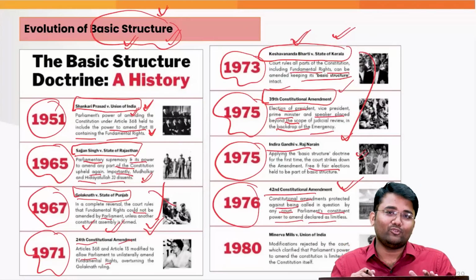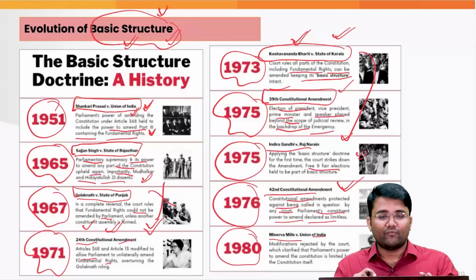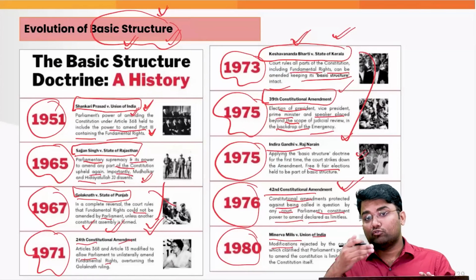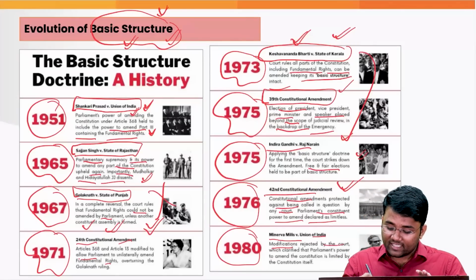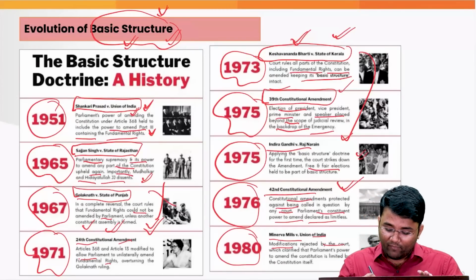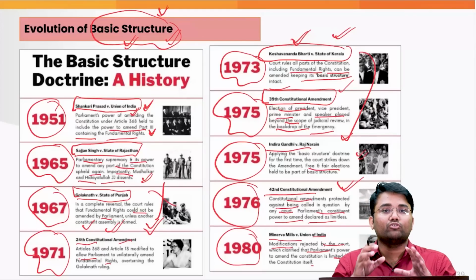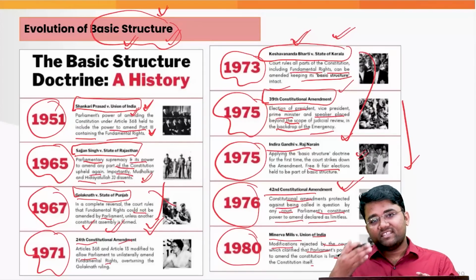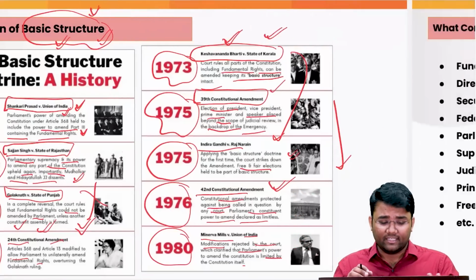But in 1980, in Minerva Mills versus Union of India, the Supreme Court again rejected the modifications done through the 42nd Constitutional Amendment of 1976, and clarified that Parliament's power to amend the constitution is limited by the constitution itself. So till now this basic structure doctrine is in place and has been applied in several cases.